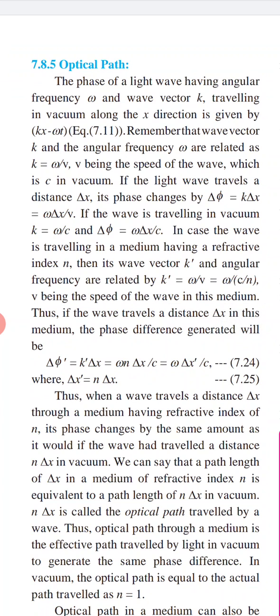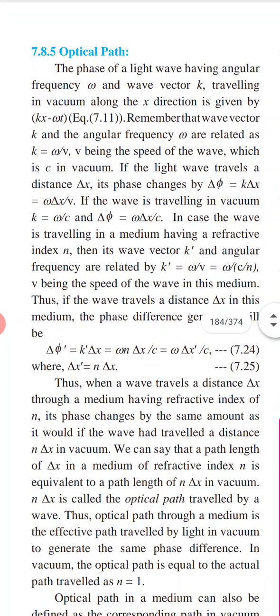The phase of a light wave having angular frequency omega and wave vector k traveling in vacuum along the x direction is given by kx minus omega t in equation 7.11. Remember that wave vector k and angular frequency omega are related as k equals omega upon v, v being the speed of the wave, which is c in vacuum.